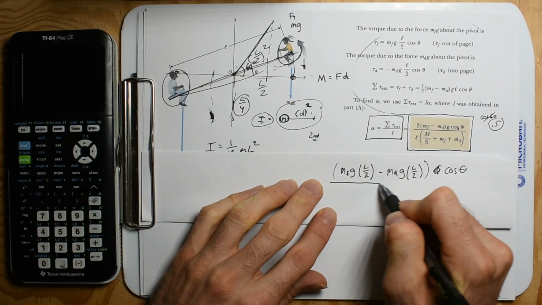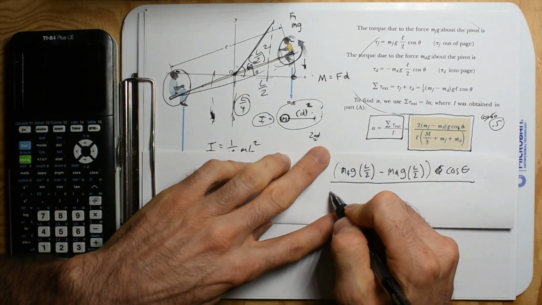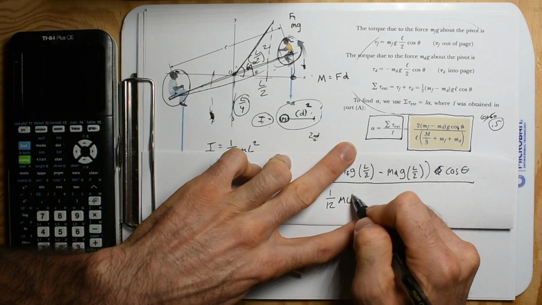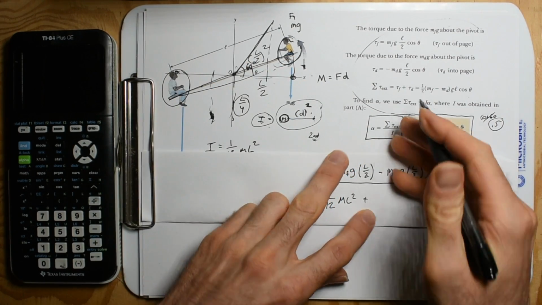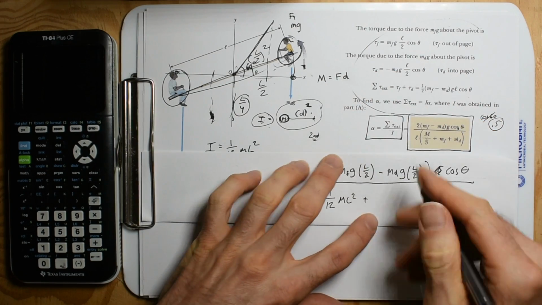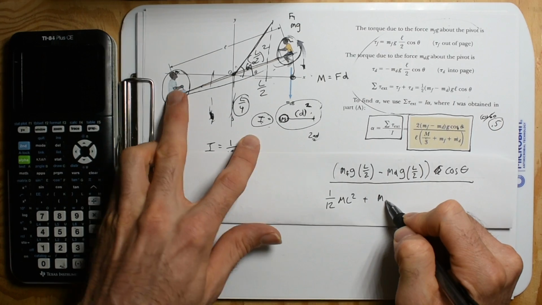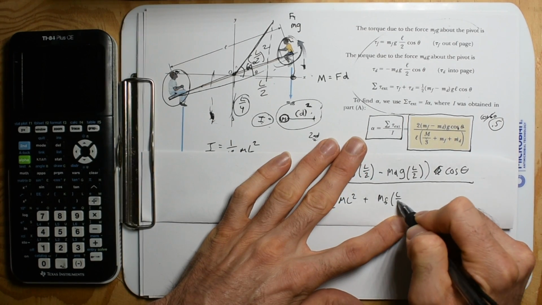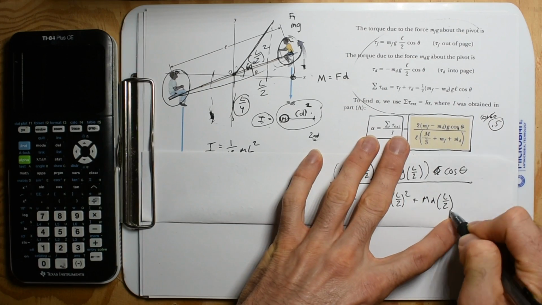Now we're going to divide by the moment of inertia. Again, we're just going to have the moment of inertia of a slender rod, 1/12 ml squared, plus the point masses. We know that second moment of mass, and that's a good thing to keep reiterating. We're going to have the mass of the father times L divided by 2 squared, plus the mass of the daughter times L divided by 2 squared.